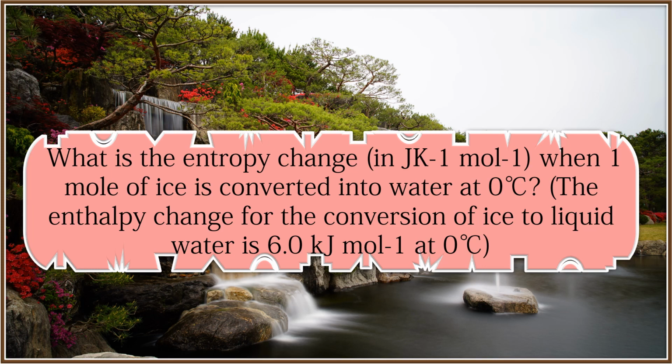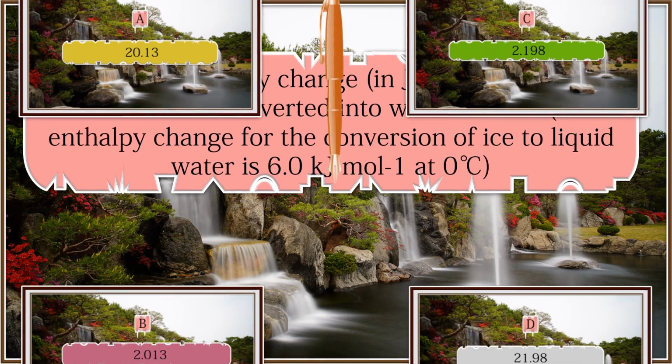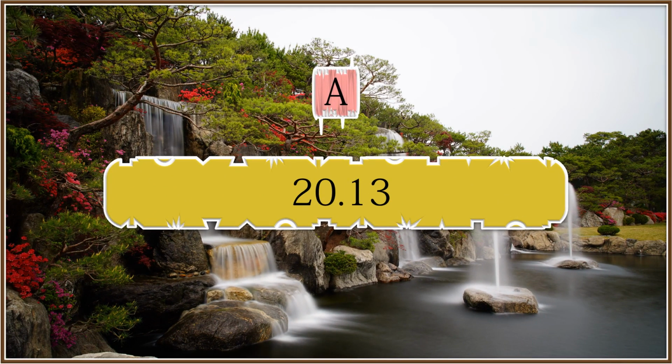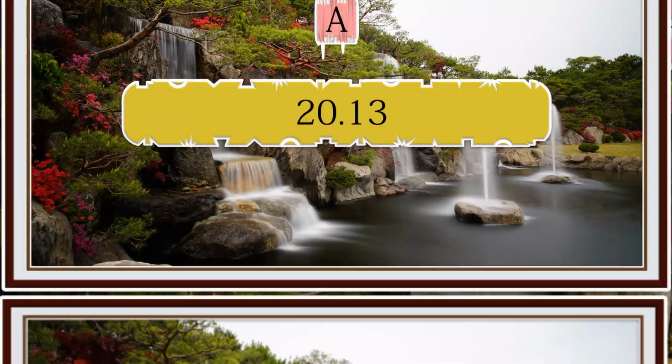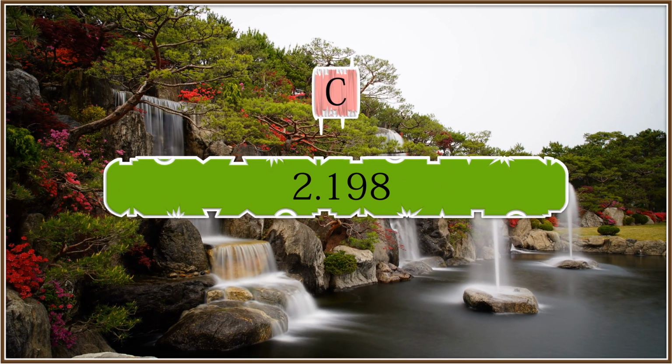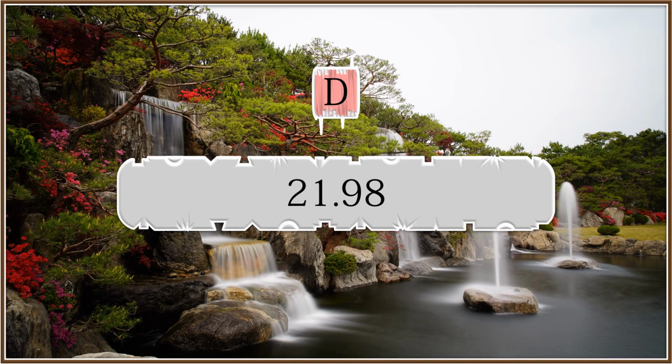The enthalpy change for the conversion of ice to liquid water is 6.0 kilojoules per mole at 0 degrees Celsius. 20.13, 2.013, 2.198, 21.98.